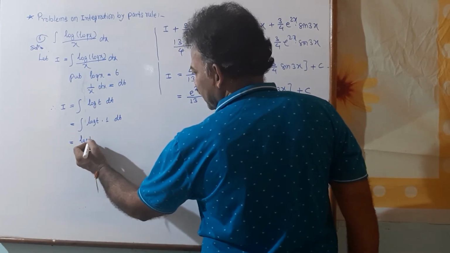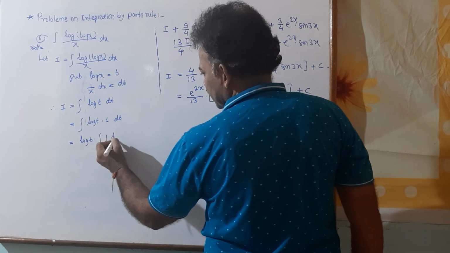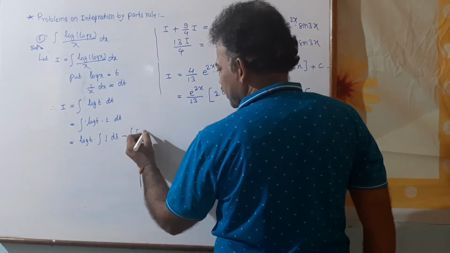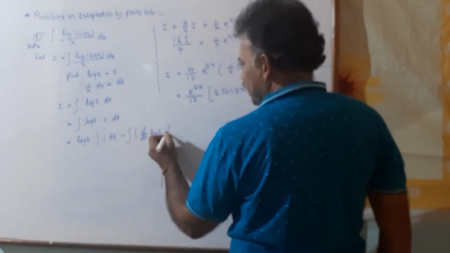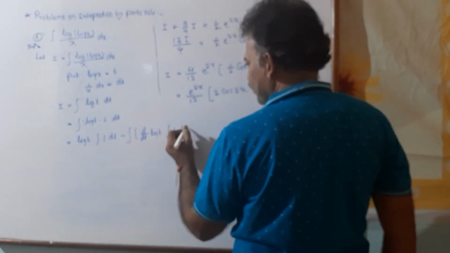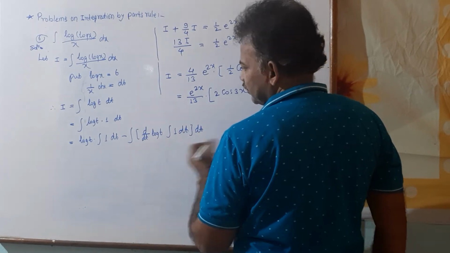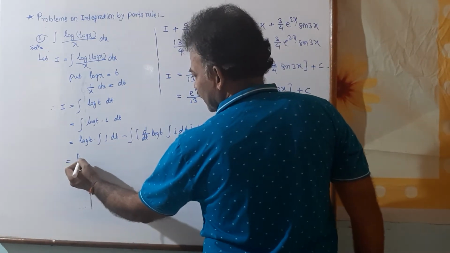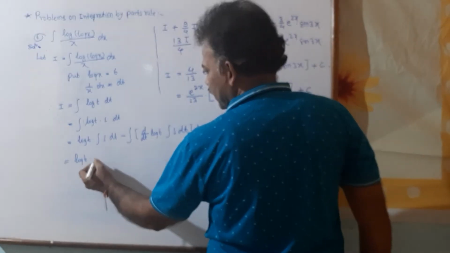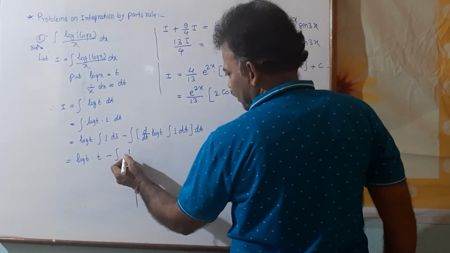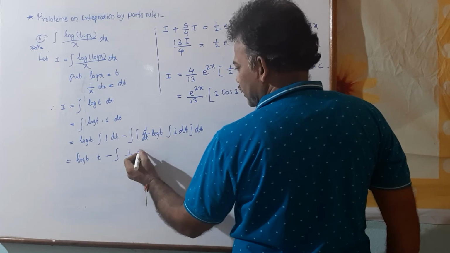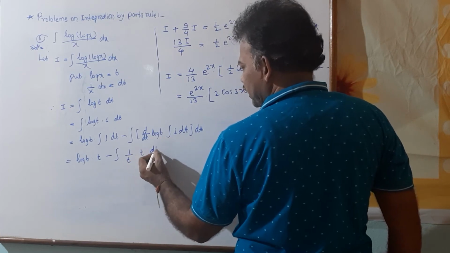The first function same, integration of the second function, minus the integral of the derivative of the first function times the integral of the second function, outside the bracket, dt. So it is equal to log t, the integral of 1 dt is t, minus the integral of the derivative of log t, 1 upon t, times the integral of 1 dt, t, dt.